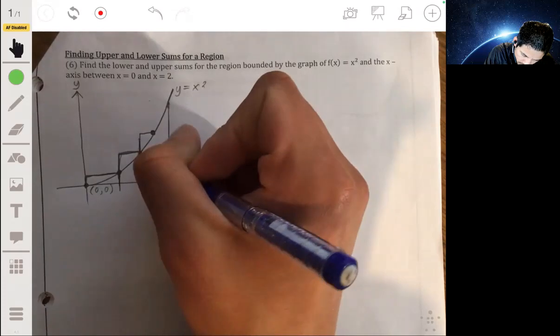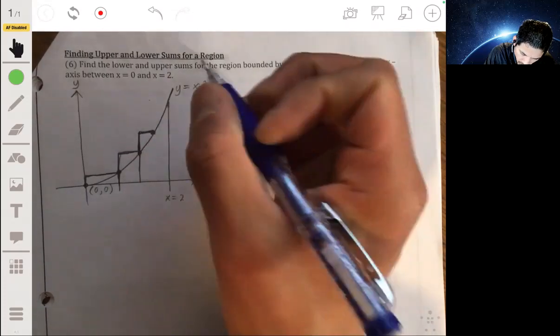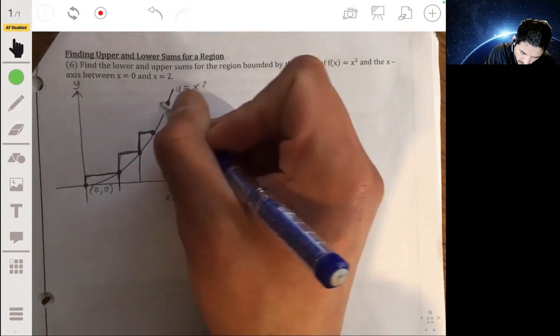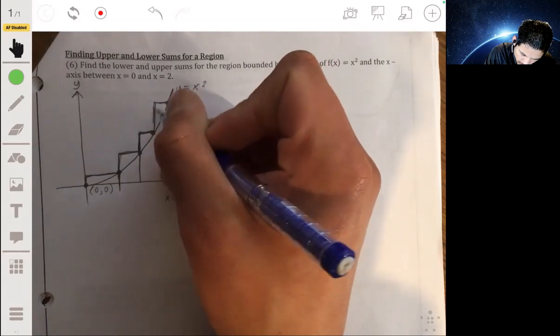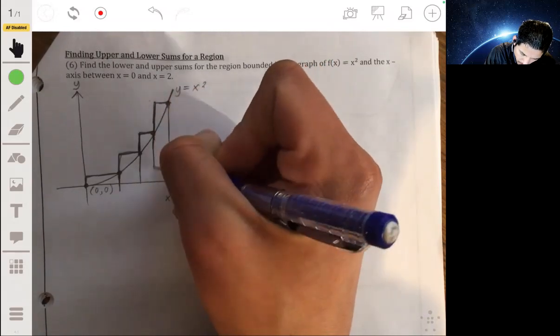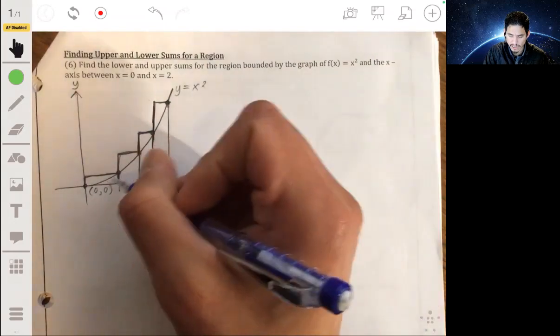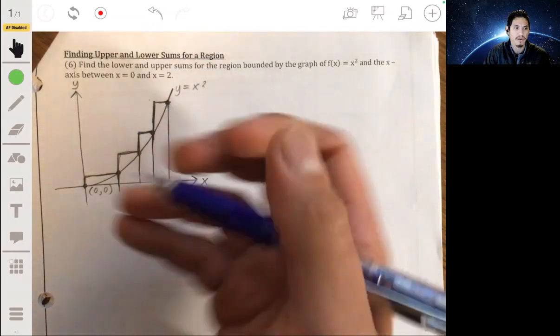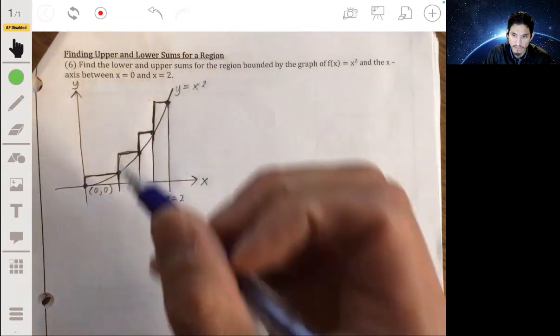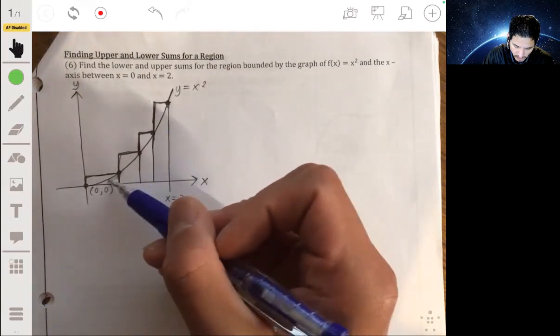You can see that this would overestimate or over-approximate the true area. So this will be an upper sum, because these rectangles are going above the area of the region. The area of the region is only right here.